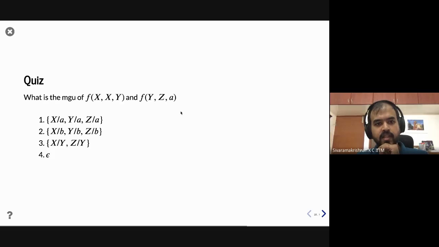They are not syntactically equal. If you do this substitution, where you replace the variables with B, this atom A remains here, and this will be B. They are not the same, and hence the MGU has to be this. So you replace X with A, Y with A, and Z with A. Everything will be F of A. Okay, so that's the MGU.